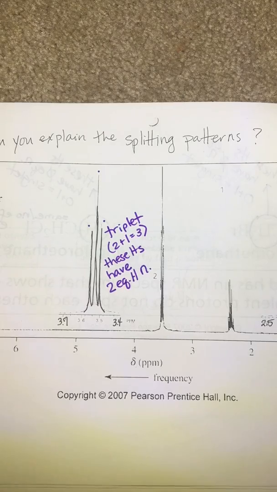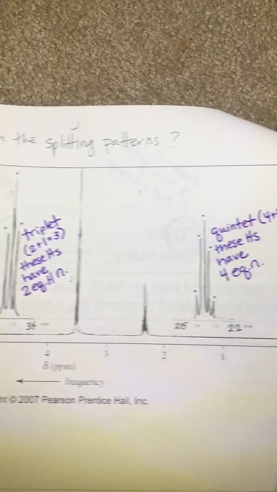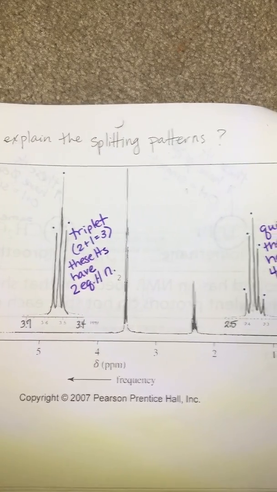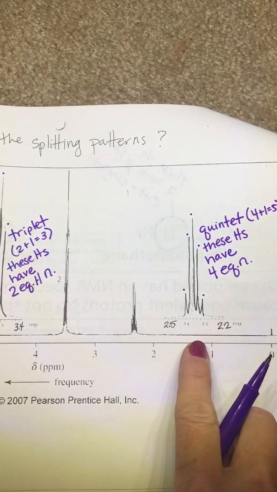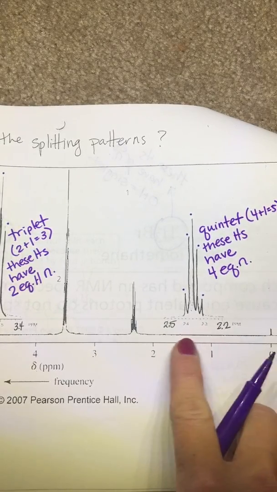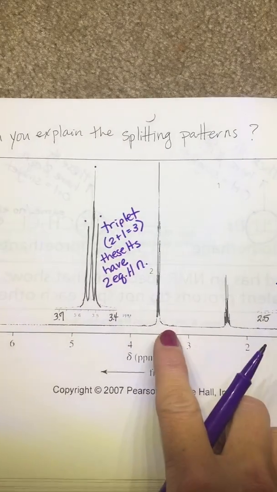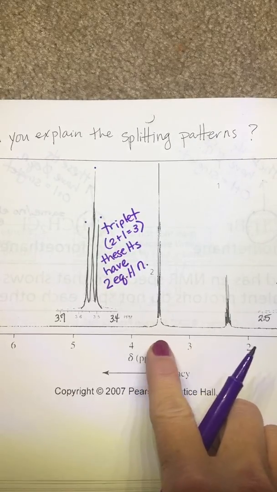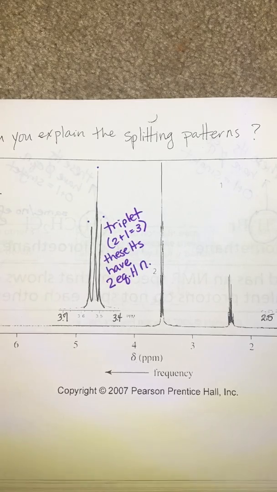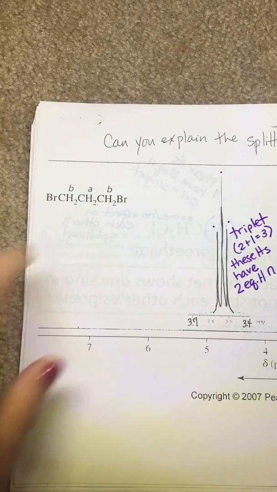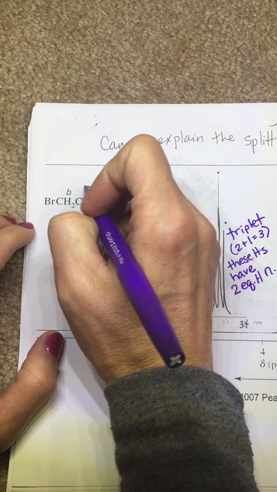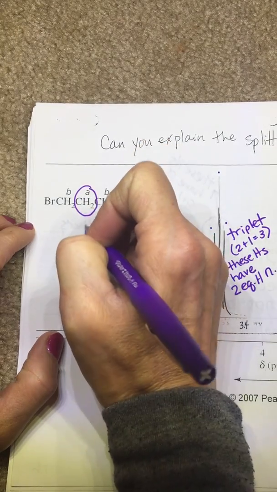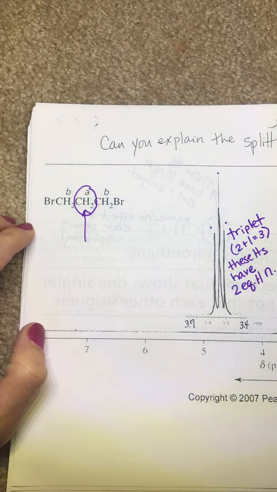So let's see how this matches up, our quintet and our triplet. Our quintet is more upfield in that 2-ish region, and our triplet is a little bit more downfield, okay, in that 3 to 4 region. So we have our structure here. Let's look at these guys right here in the middle first, and we're going to count their neighbors.